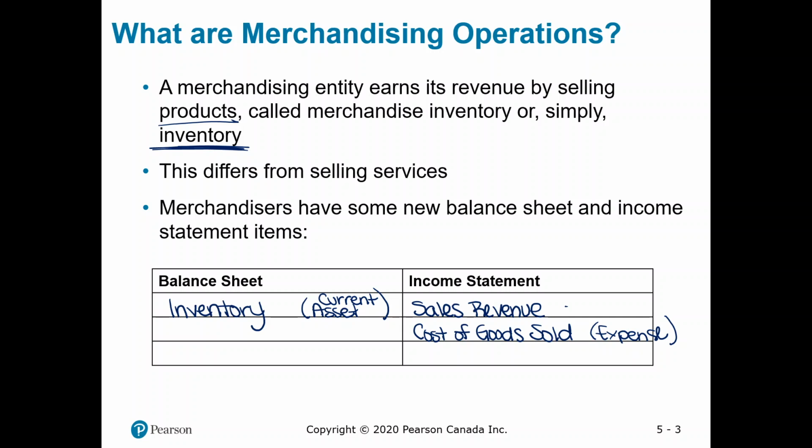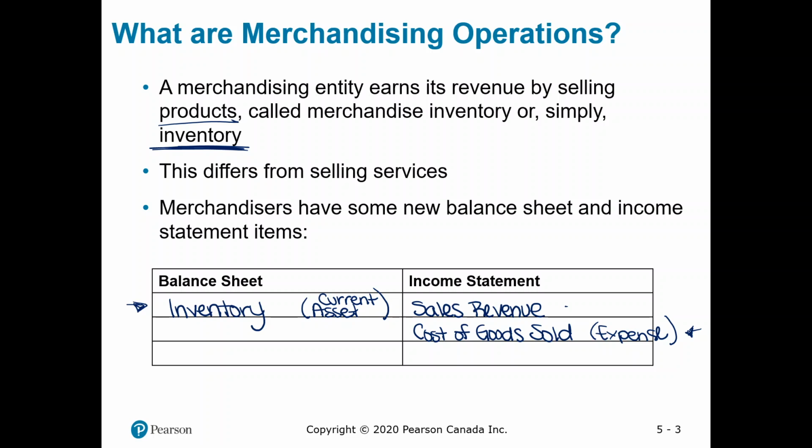Remember that I've said that when an asset is used up or it's sold by the company and it's no longer an asset in the company, it becomes an expense. And that is the case with inventory and cost of goods sold. So when we still have the item and it's waiting to be sold, it's an asset to us. It sits in inventory. Once we've actually sold it, we move that cost into cost of goods sold. We've used up the benefit because we've already sold that, so it becomes an expense.